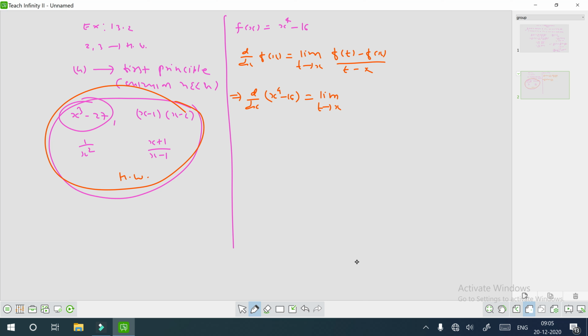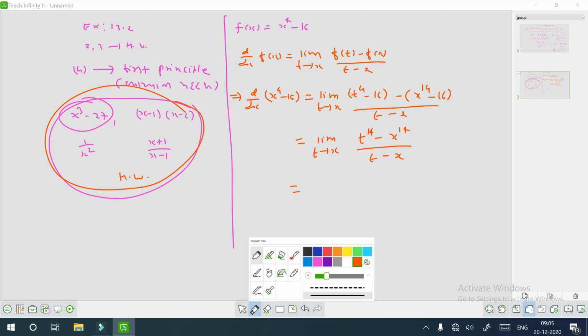Here we want derivative of a function with respect to x using first principle or using definition. Now what is f of t? t raised to 4 minus 16, x raised to 4 minus 16 over t minus x. Very simple. That is equal to limit t tends to x. Here what we get? t raised to 4 minus x raised to 4 over t minus x. We know that is of which form?